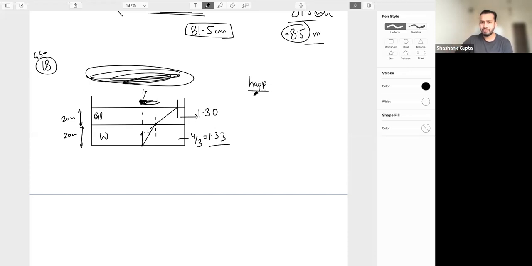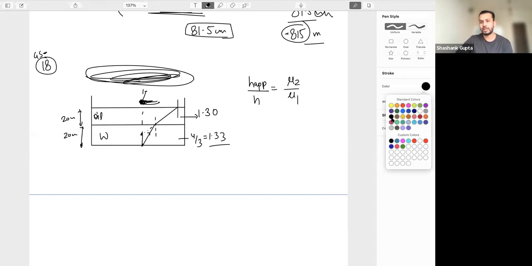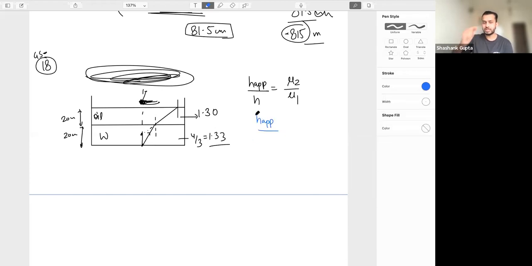We studied H apparent upon H is equal to mu2 by mu1. Let's try and understand how to apply this formula if anyone has doubt in this. Okay, H apparent is what we have to find out. H is the length, sorry, the distance of the object from the interface. हमारे लिए interface क्या है? This oil to water वाला interface.